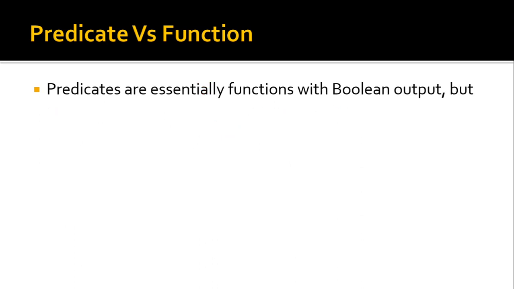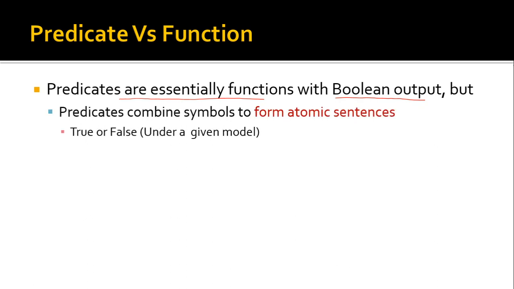So let us try to see some examples. But before going to the examples, let us talk about the differences more. You can think of a predicate as a function, but with a Boolean output. They only output Boolean values, but there is more to this. These predicates combine the symbols, taking the arguments and making an atomic sentence, but the functions cannot make an atomic sentence, right?